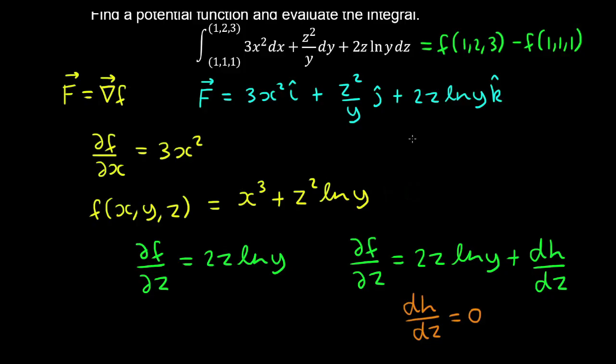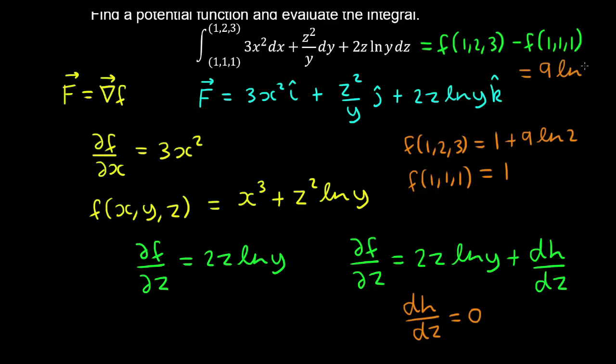So as we can see, f of 1, 2, and 3 is equal to 1 plus 9 by the natural log of 2. And f of 1, 1, and 1 is equal to 1 plus 1 by the natural log of 1, which is 0. So the integral evaluates to 9 by the natural log of 2.